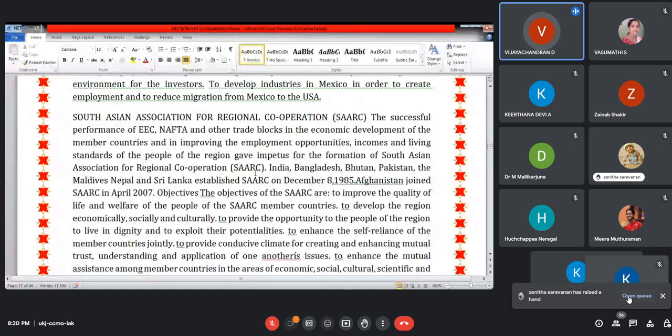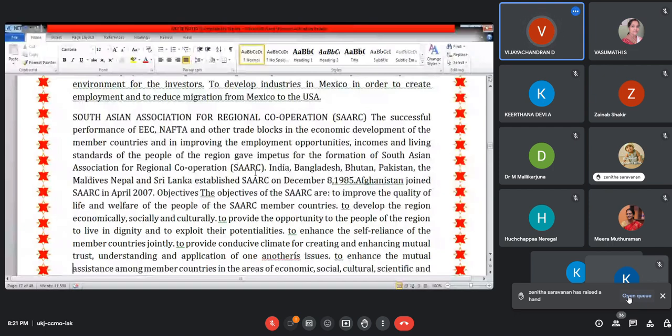What is the main purpose? In order to improve the employment opportunities, incomes, and the living standards of the people living in the region. So, what are the members? I told seven: India, Bangladesh, Bhutan, Pakistan, Maldives, Nepal, Sri Lanka.